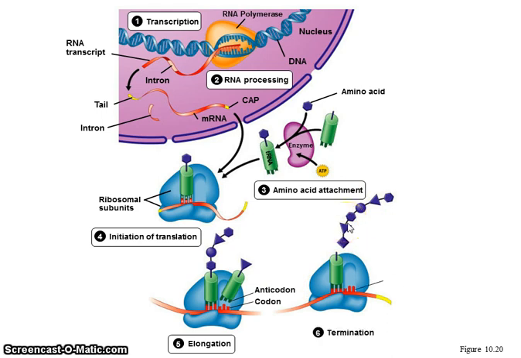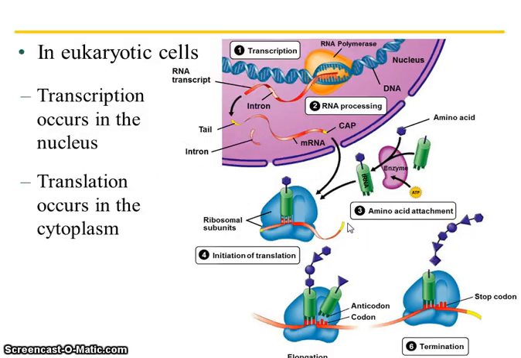You find the stop codon, you have termination. So in eukaryotes, as I said, you've got a nucleus, transcription occurs in here, and translation occurs in the cytoplasm at the ribosomes. In prokaryotic cells, there is no differentiation, it all occurs in the same space.